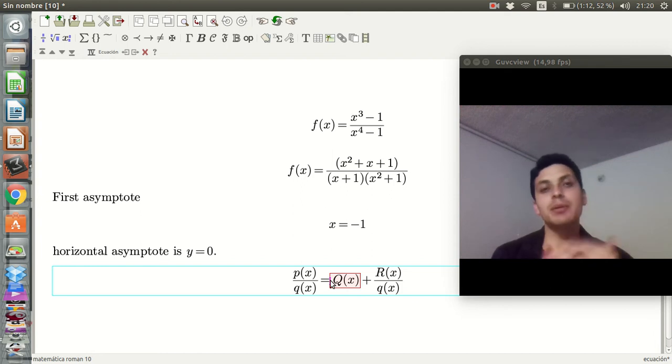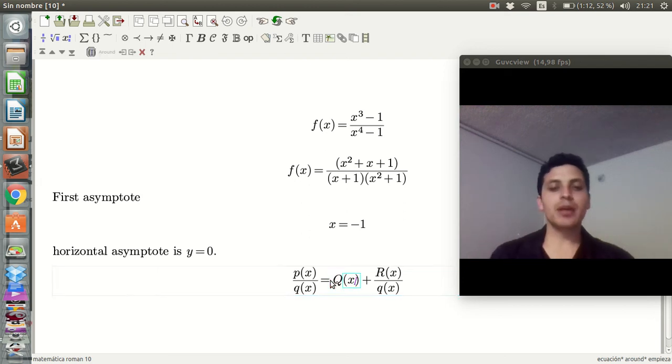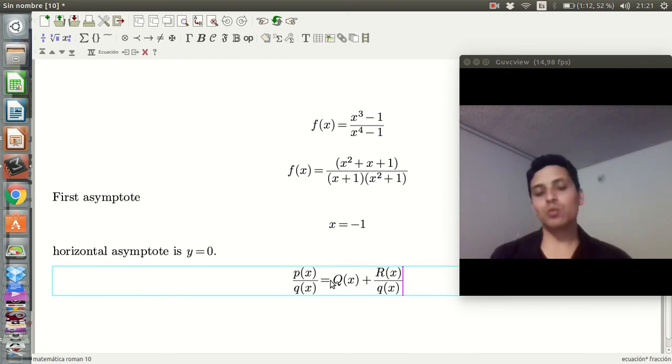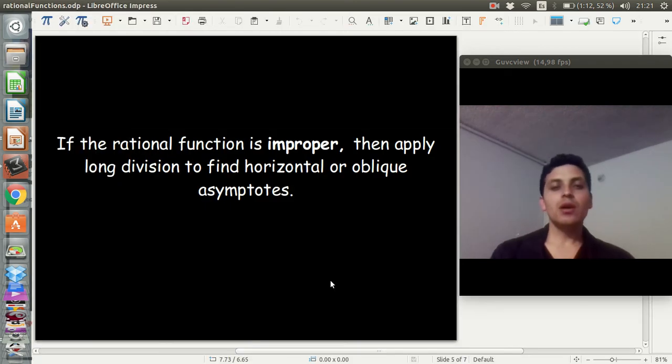If it's not a number but it's a linear function, we have an oblique asymptote. If it's not a linear function, it's quadratic, cubic, or any other, we don't have oblique or linear asymptotes. Okay? And we're going to see, when we graph functions, how that works. So this is about improper fractions.